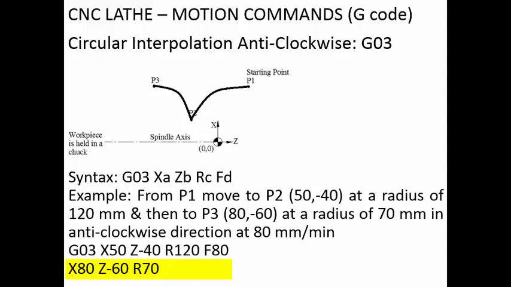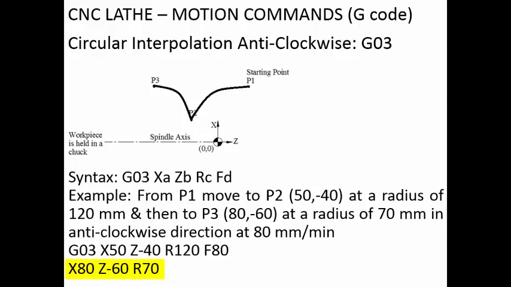So you can also write it in the shorter form like this: X80 Z minus 60 R70. Why? Because once we activate these commands, that is G00, G01, G02 or G03, they will remain active unless we change into some other command or some other mode. Similarly, the feed rate also will remain the same unless we change it. So we need not again type G03 and F80.